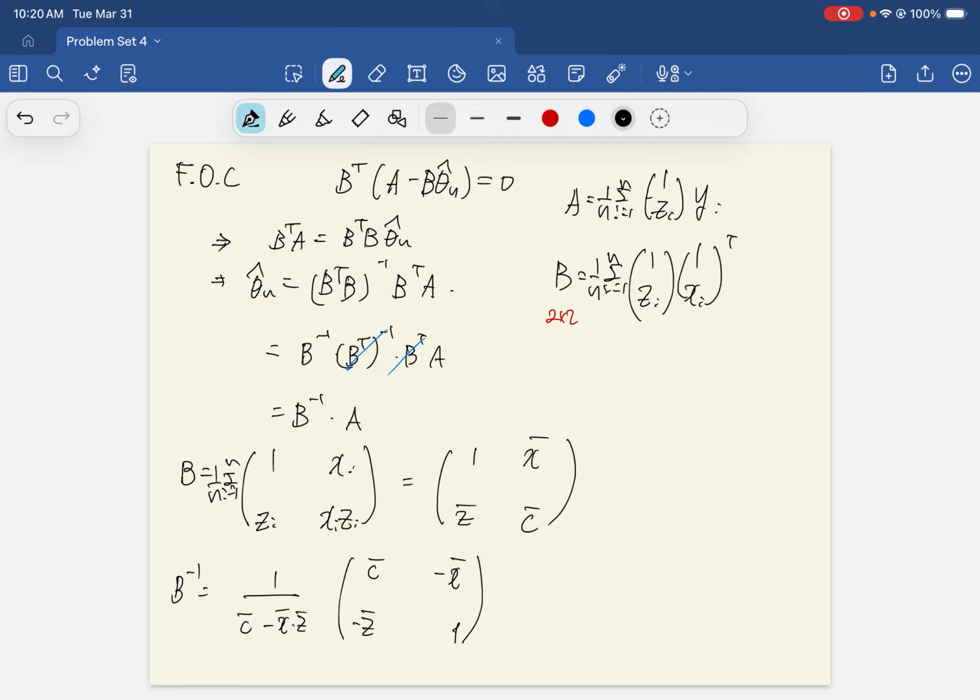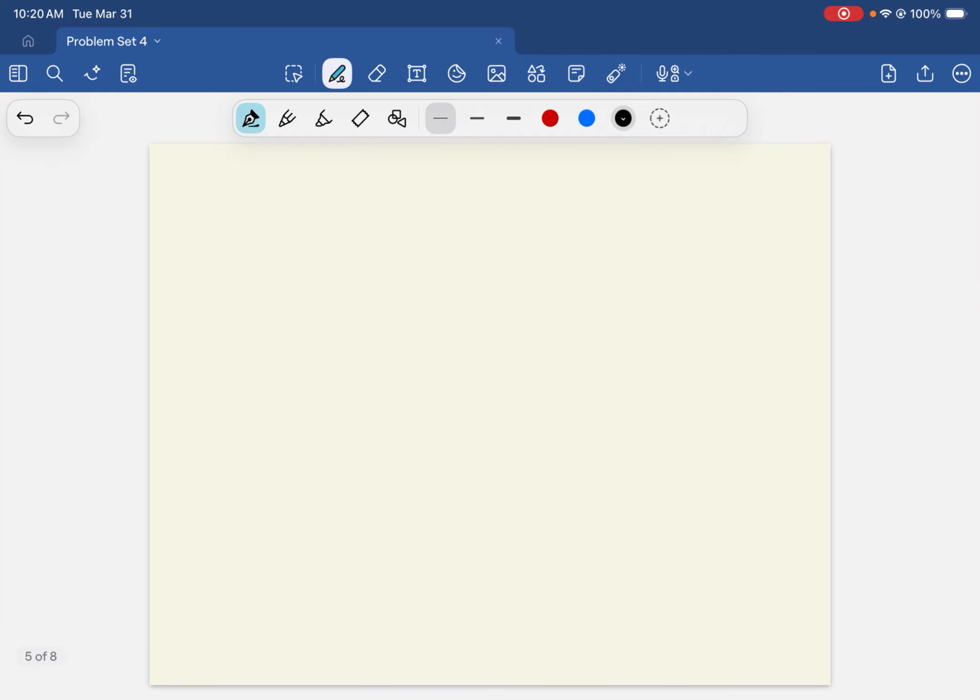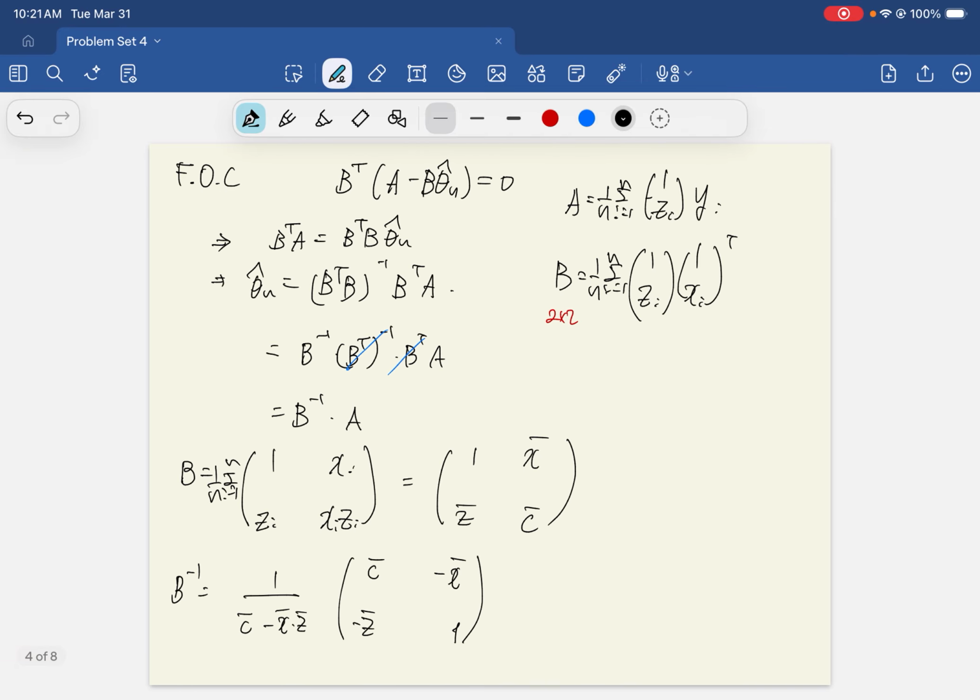Okay. Now we are going to multiply that by a. So again, b inverse was 1 over c bar minus x bar z bar, and here c bar, 1, minus x bar, minus z bar. Okay, let me check. So right.